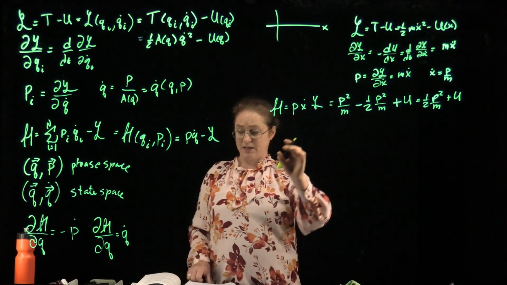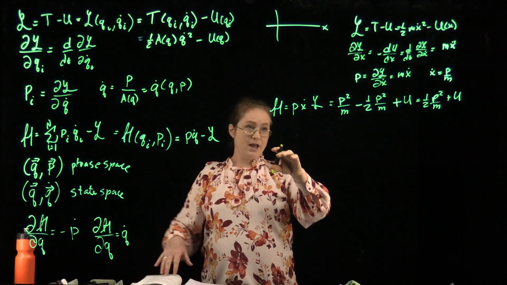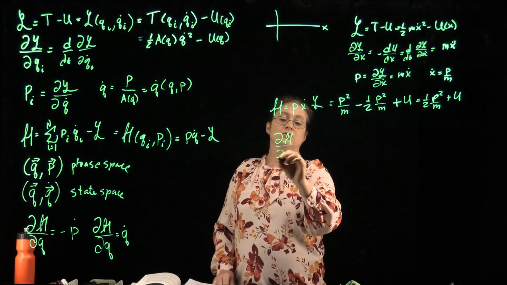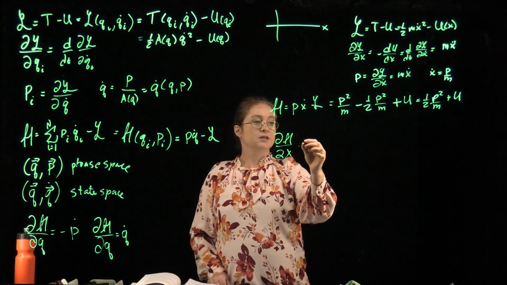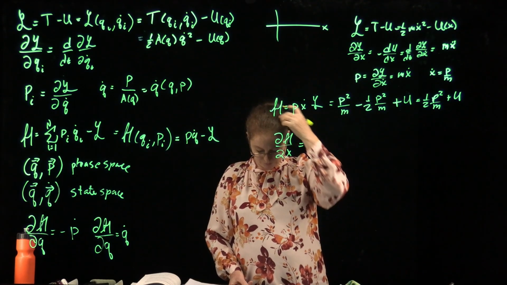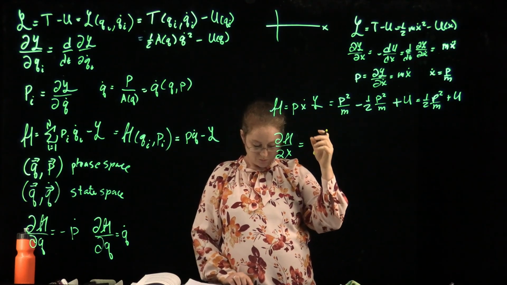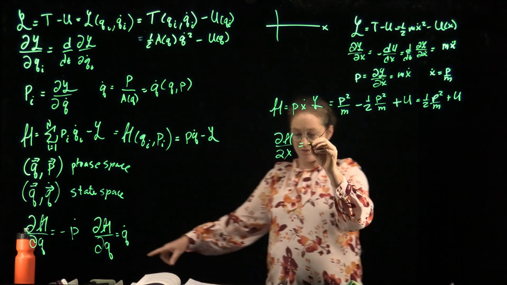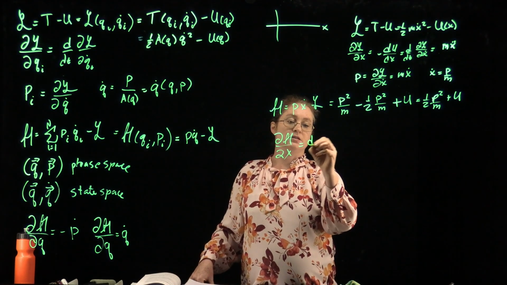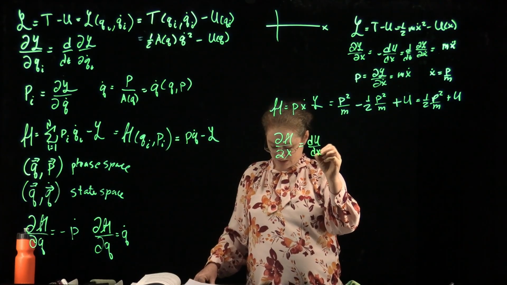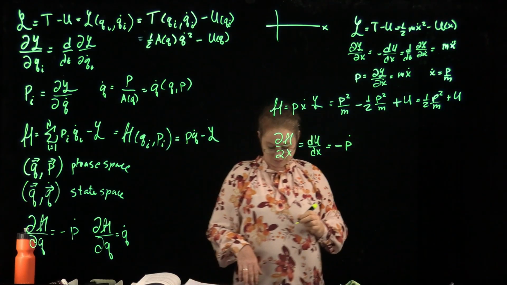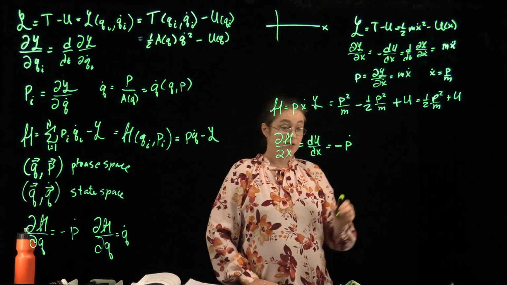Hamilton's equations say partial H partial x, sorry, partial H partial x is dU/dx, which is equal to negative ṗ. And that is one of our equations.